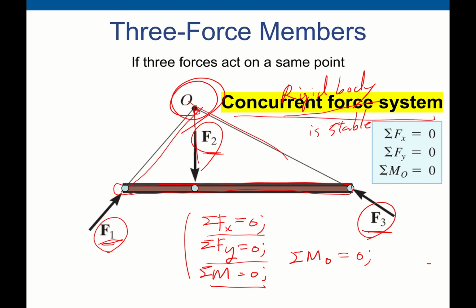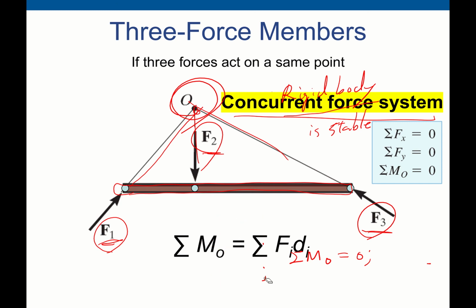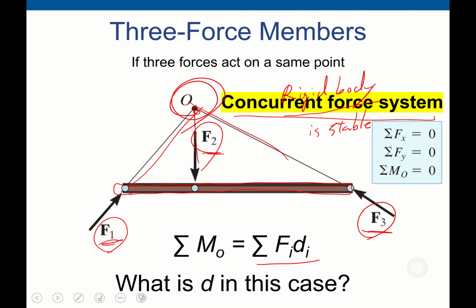Sigma moment at point O should be 0. So moment at point O is sigma F times perpendicular distance. The perpendicular distance is 0. So there is no moment.